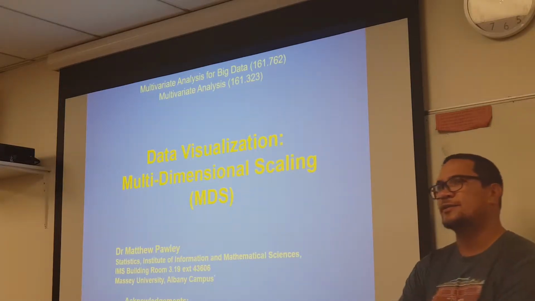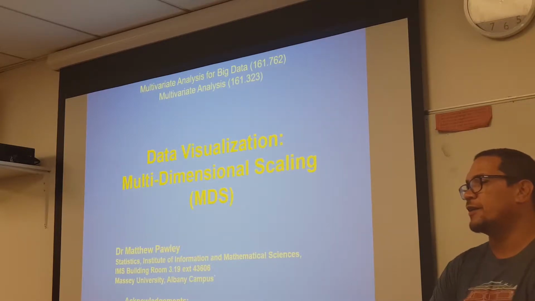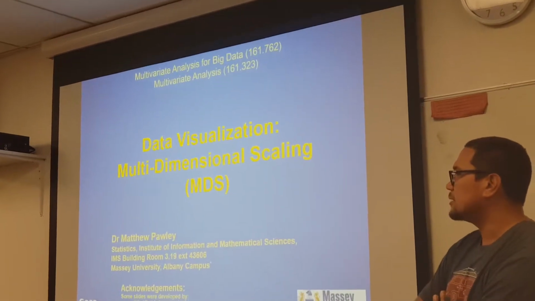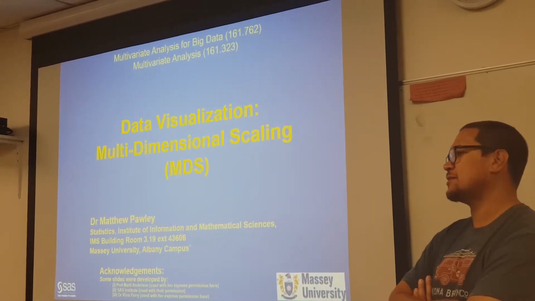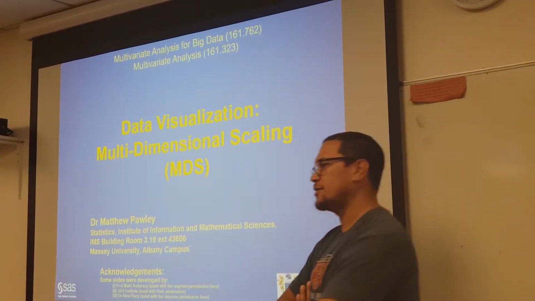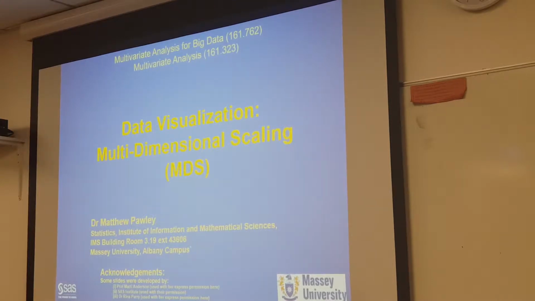But computer scientists are starting to use this sort of technique as well if they have non-Euclidean distances, which I'll talk about in this lecture because it becomes important. Although I will probably be giving a lot of biological examples, because it is primarily used by biologists, the technique as a whole is very, very useful.